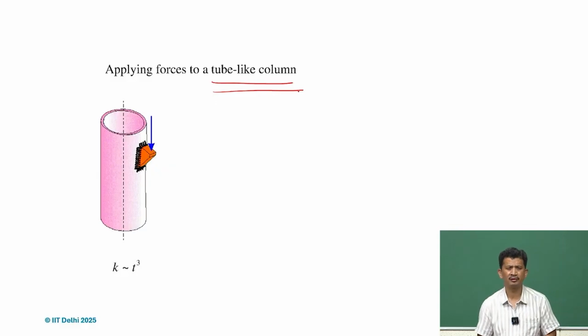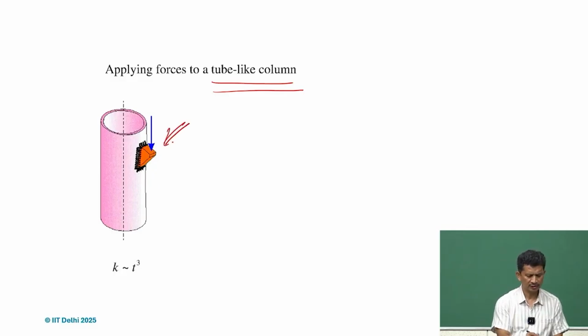Many times in bigger structures, the tube kind of column is used for supporting any kind of vertical loads, and one can easily make this kind of arrangement and then support the load. So just weld this kind of thing there, and then put the load.